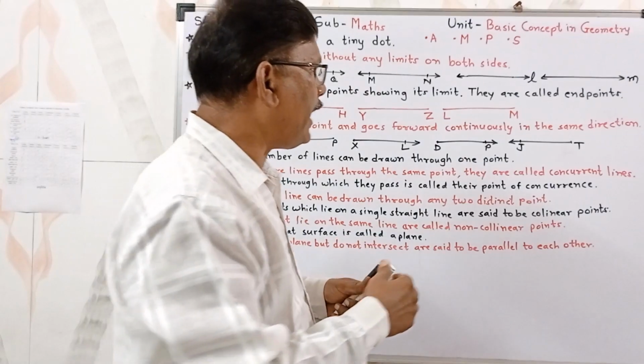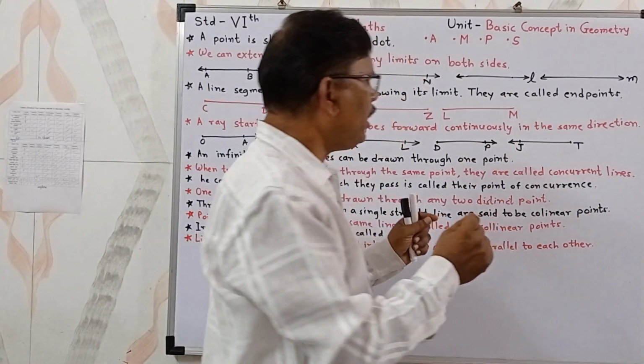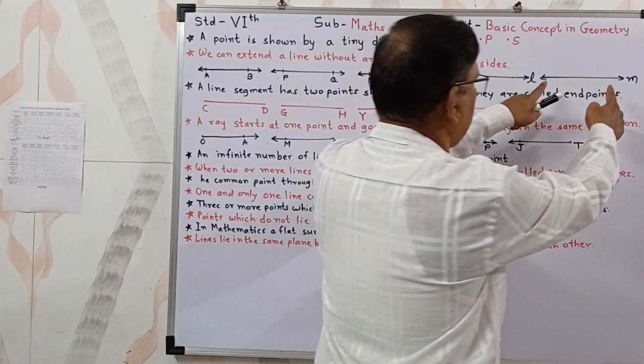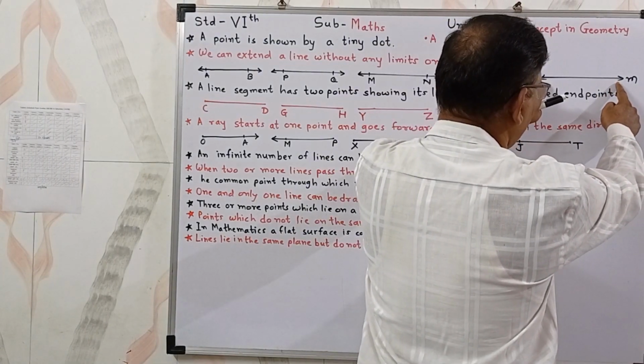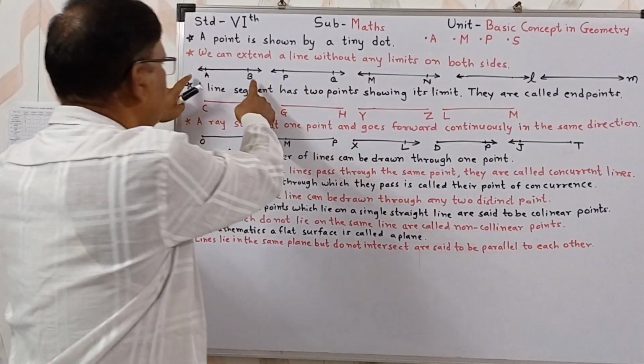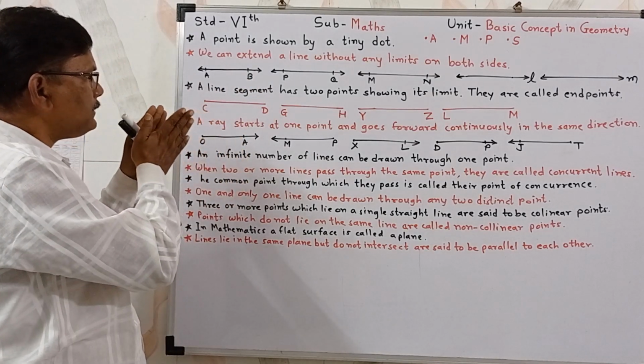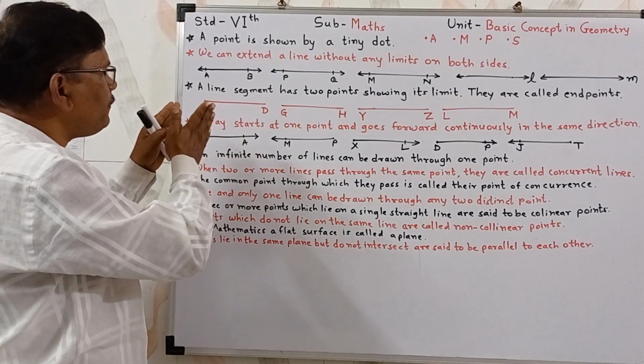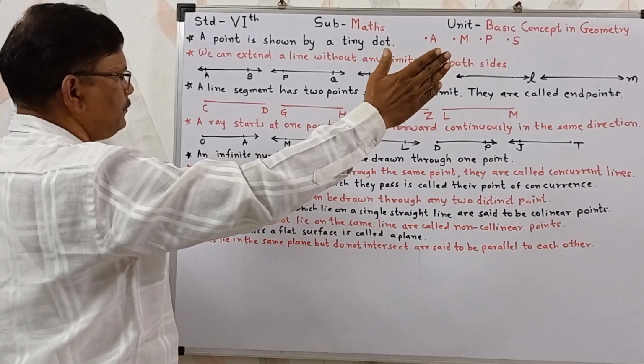Like a line, listen, if here is a line, line M or line AB, this line extends both sides.